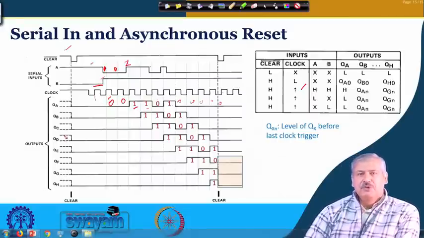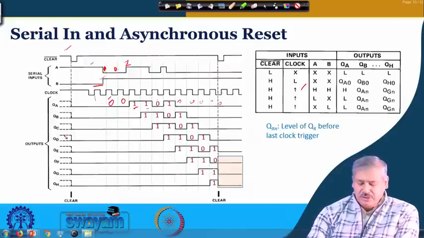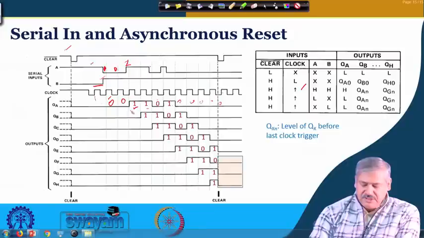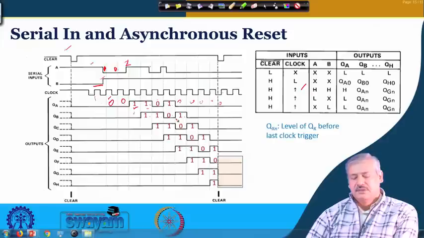Now, what happens to QB? QA, the output of A, is fed as input of B, right. So this one up to this is 0 0. So 1 will come over here, 1 will come over here, 0 will come over here, and 1 will come over here. Is it okay?